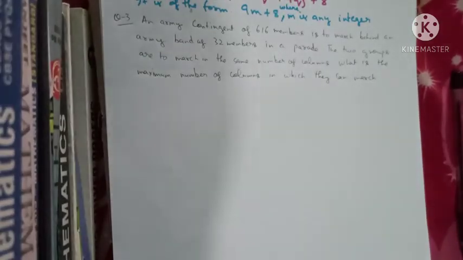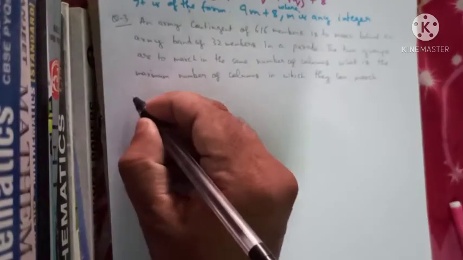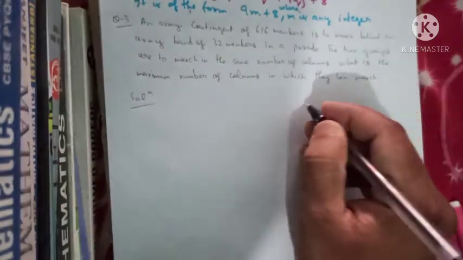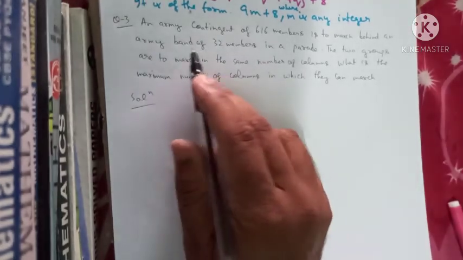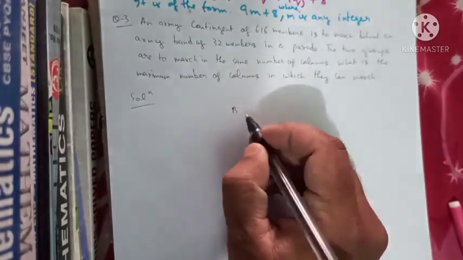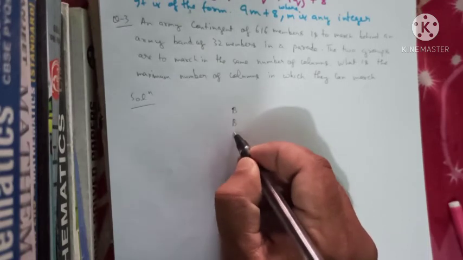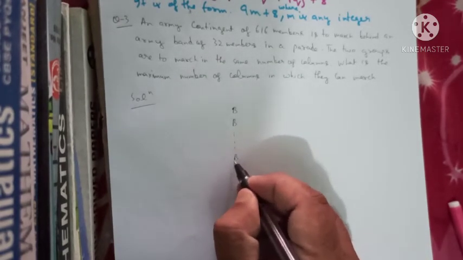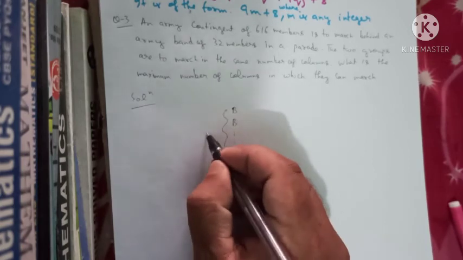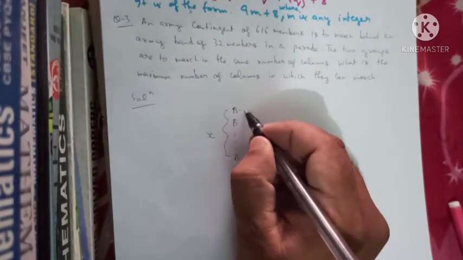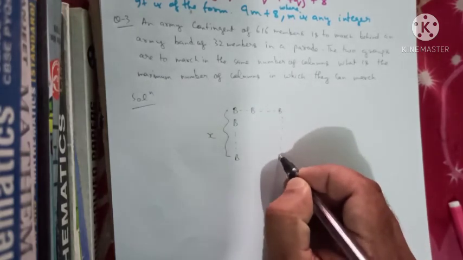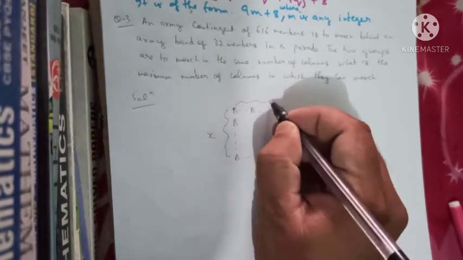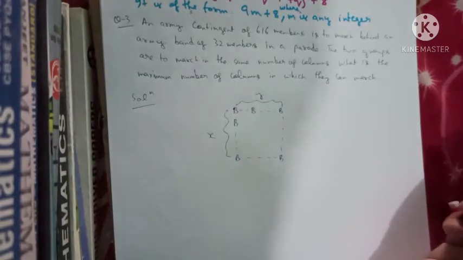So in this manner, for example, let's say I am denoting the band members as B. So this is one band member, this is another band member, and so on, and there are X number of columns for the band members, and similarly there are Y number of rows for the band members.